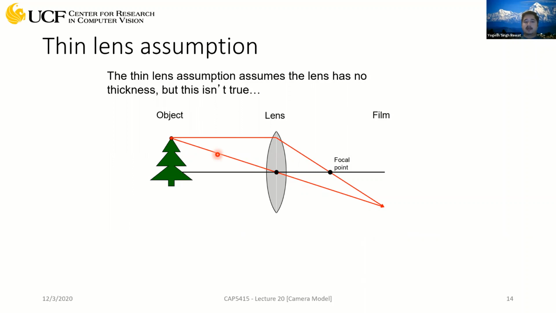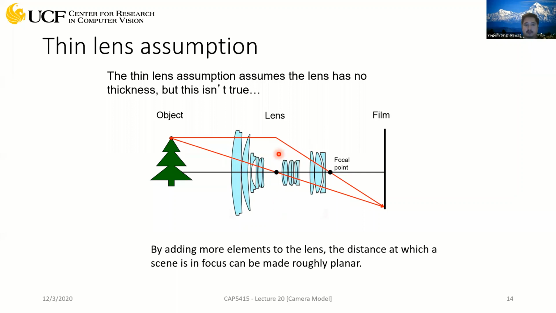Ideally we assume that our lens is very thin, but actually it's not true. So the thin lens assumption means that it doesn't have any thickness, but in reality your lens will have some thickness. In normal cameras which you use these days, it's not just one lens, you have a series of lenses which try to improve the quality of the projection you get after the rays pass through the sequence of lenses.